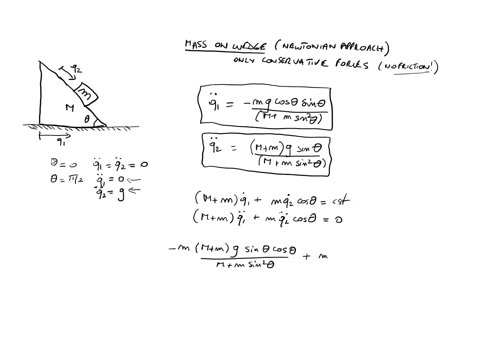Okay, so this will give you M plus m j sine theta, then cosine theta, this is this one here, divided by M plus m sine squared theta, and this is indeed equal to 0. Okay, so now after having checked that, I can be pretty confident that my solution is correct.